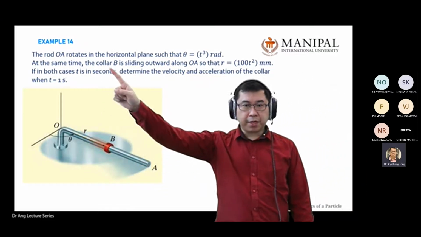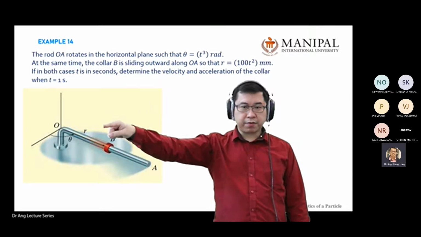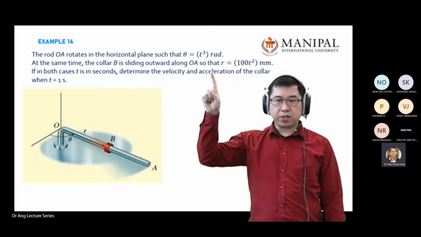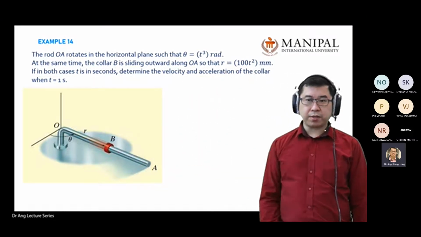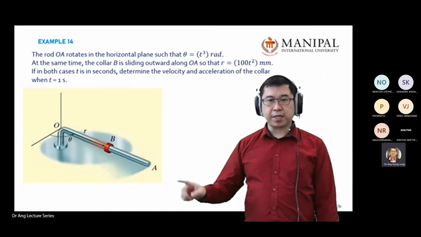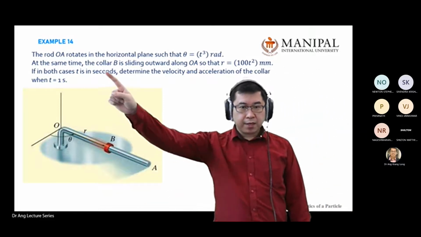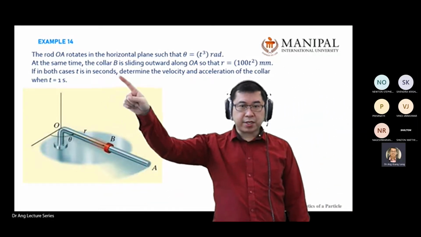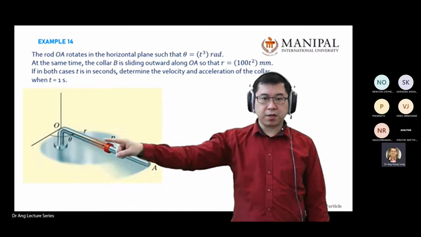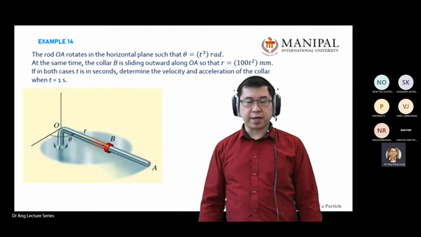At the same time, the collar B or the ring B slides outwards, because of the inertia, along OA so that R equals 100 t square mm. If in both cases t is in seconds, determine the velocity and acceleration of the ring or collar B when the time is 1 second.